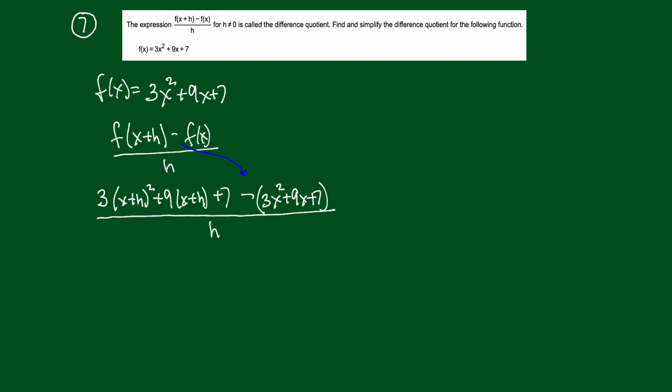Now, the first thing we're going to do is, by the order of operations, we've got a multiplication and a power. Do the power first. So we're going to square this. Now, I'm going to use the shortcut method for doing it. I'll just talk my way through it. 3 times. Now, when you square 2 terms, you square the first, multiply the 2 together, xh or hx, it doesn't matter, hx, but you double it.